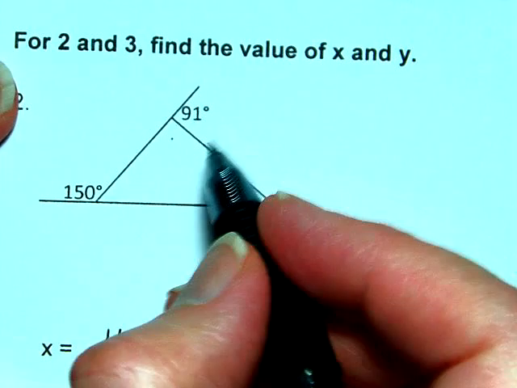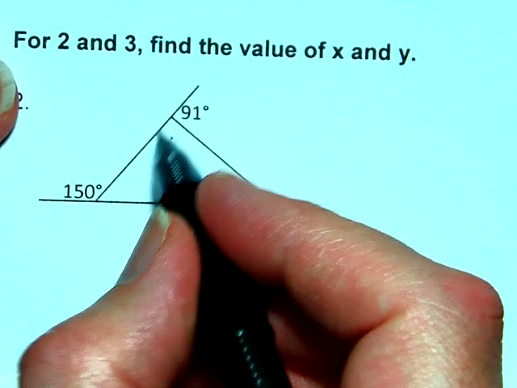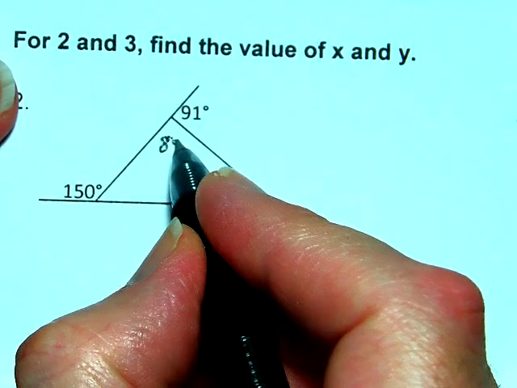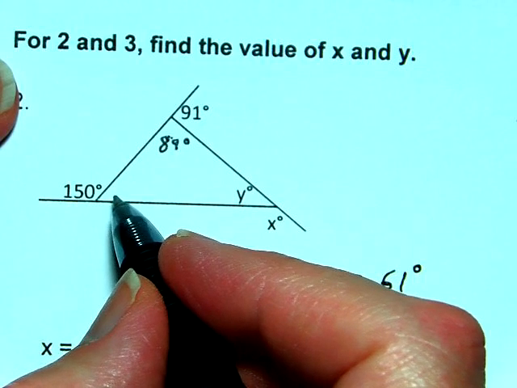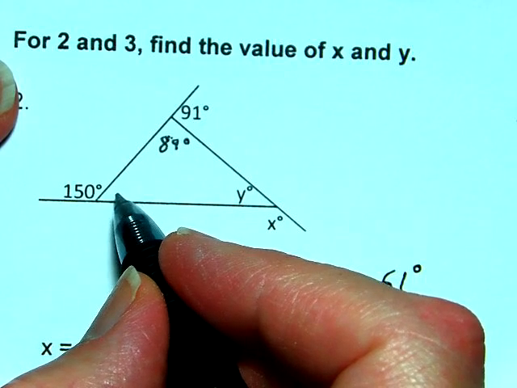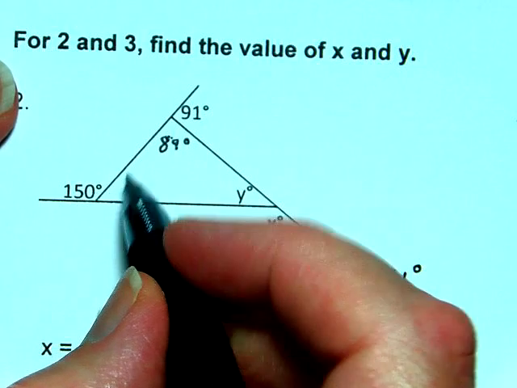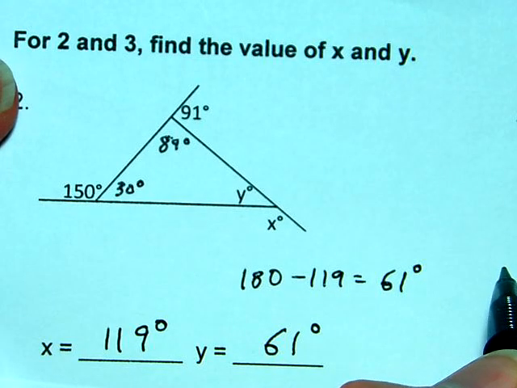So if this is 91, what angle adds to 91 to give us 180 degrees? That would be 89. So we know that this angle of the triangle is 89. And on this vertex, we've got 150 degrees, and this angle of the triangle are also a linear pair, and 30 degrees plus 150 degrees gives us 180 degrees.